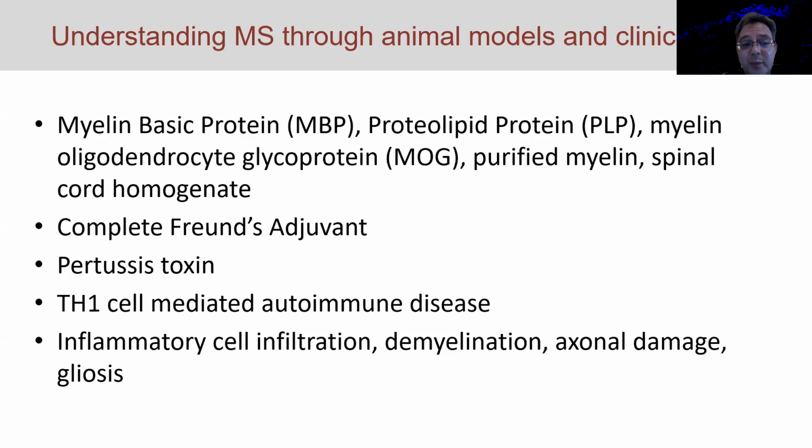We utilize those proteins or peptides of those proteins with an adjuvant to stimulate the immune response, added to that with pertussis toxin to not only expand the immune response, but also to allow for the breakdown of the blood-brain barrier, for cells to enter into the central nervous system effectively and produce their effector response.